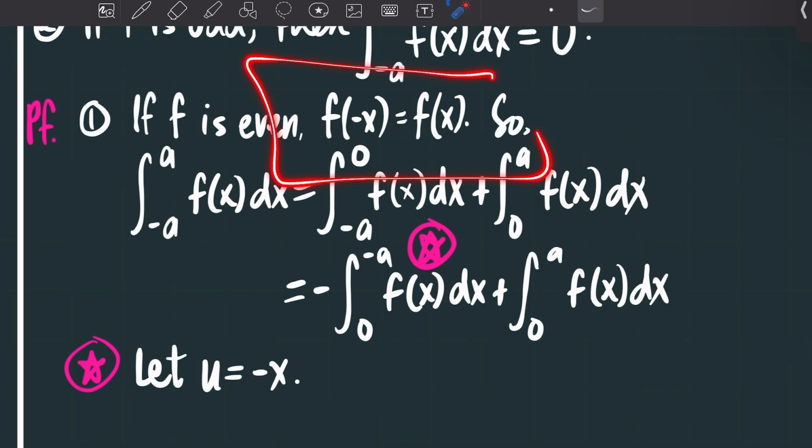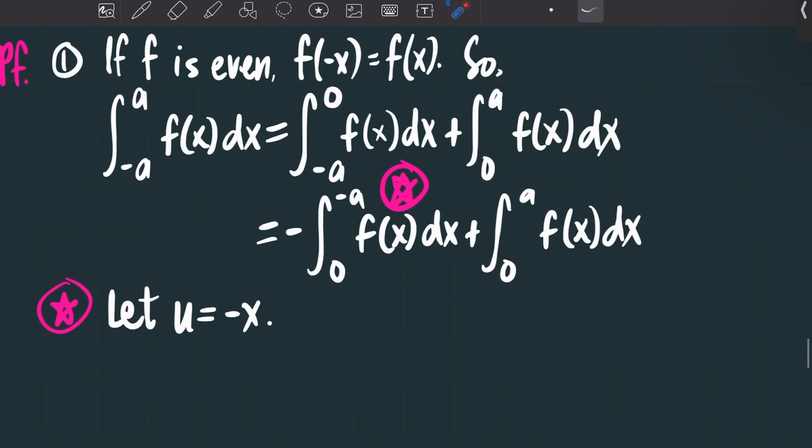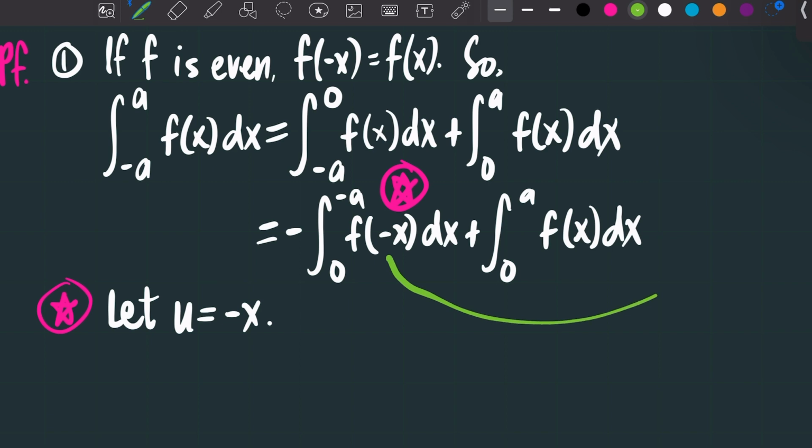Since we have this remark na f of negative x equals f of x. So, ilagay ko na lang din pala dito para mas maging clear yung nangyari. Palitan na natin siya to f of negative x. And this one is because of this one here.